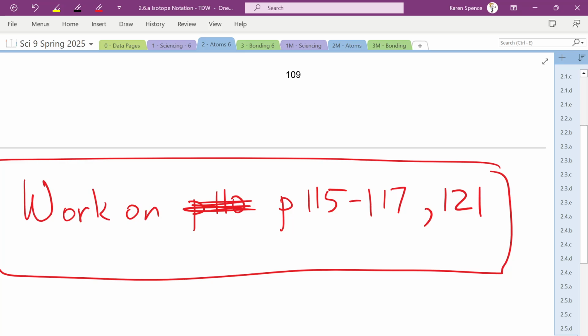And in order to fill it up, you would need to add 1 more, right? Because you have 1, 2, 3, 4, 5, 6, 7, 8, 9. This is going to make 10 electrons. So your charge is going to be -1.